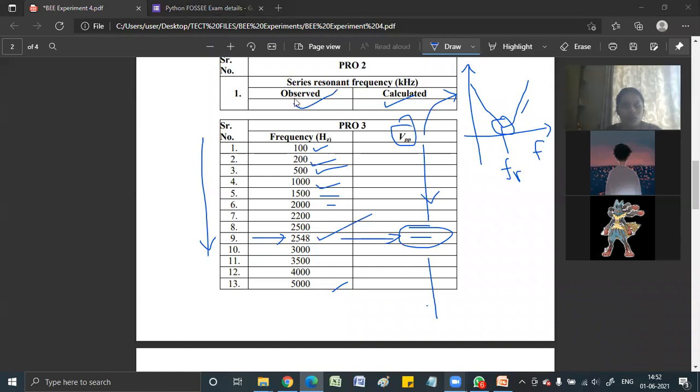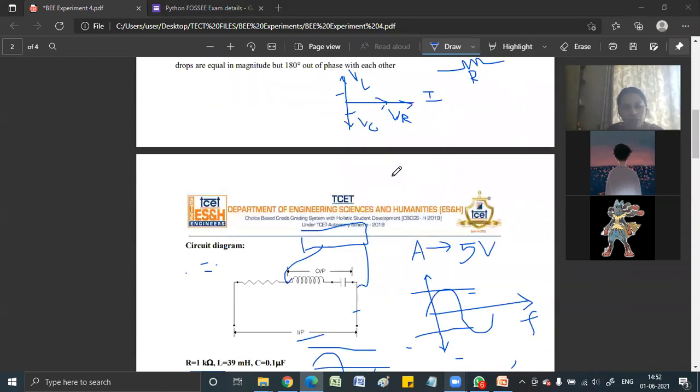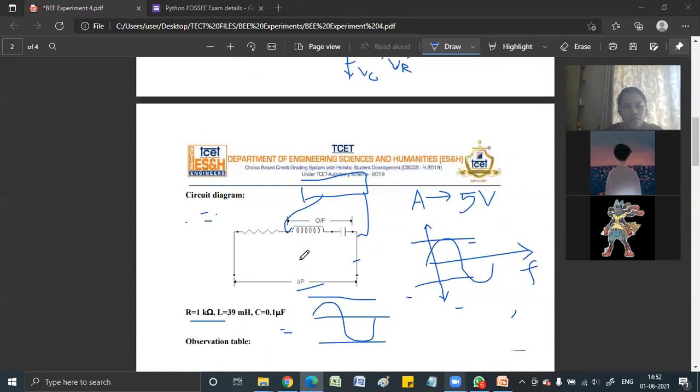So let us start with the Tinkercad part. This is what we are basically going to do. Please draw this particular diagram in your book. So you have R, note down the value. R is 1K, L is 39 millihenry, C is 0.1 microfarad. We are going to connect a function generator over here at the input side.